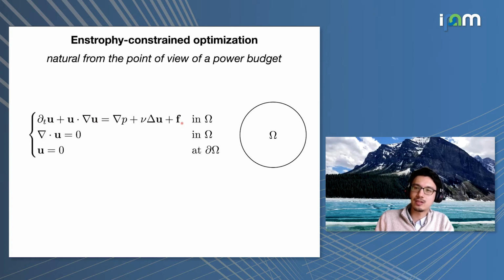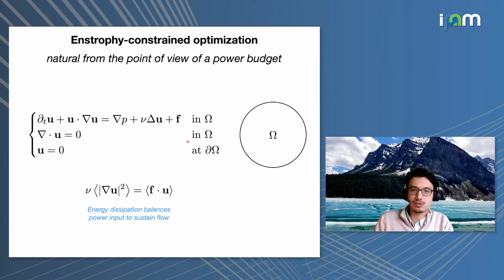You should be optimizing over the force field F, and it should depend on time and space in some well-chosen way. And so what's a natural constraint on the force field is the amount of power that you spend to move the fluid around. If you put a bunch of fans in the domain to try to move the fluid, then the power that they expend is F dot U, and that is of course going to balance, on long time space average, with the energy dissipation rate.